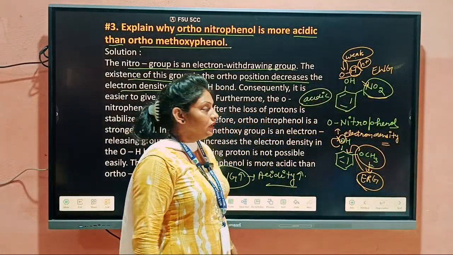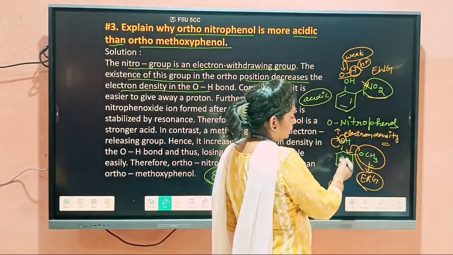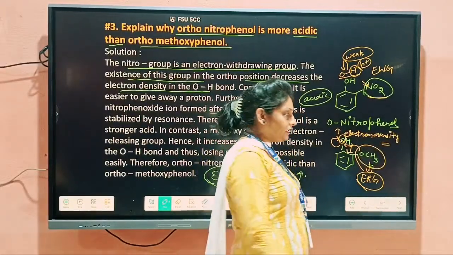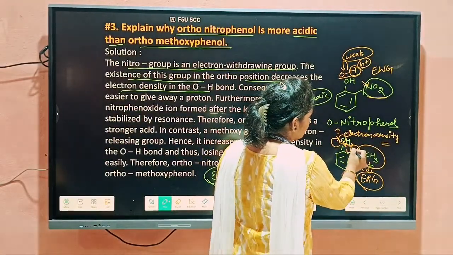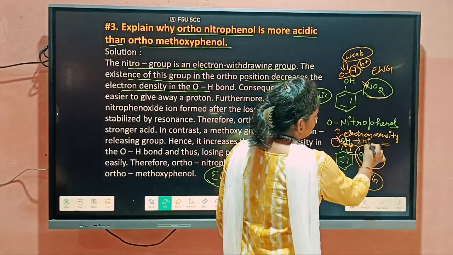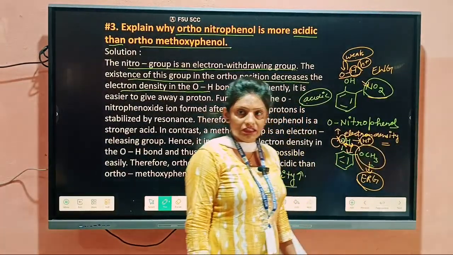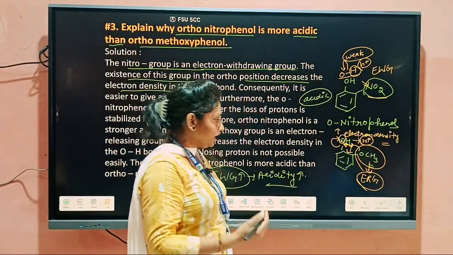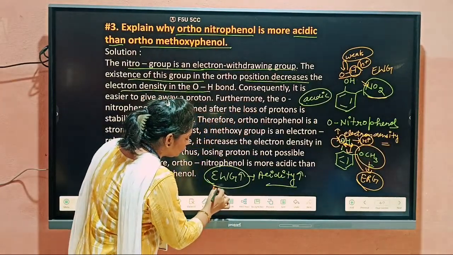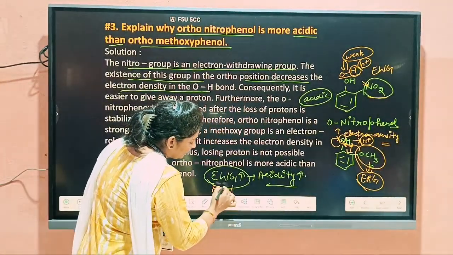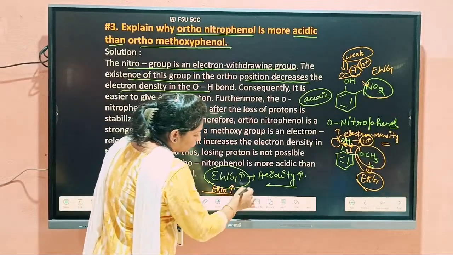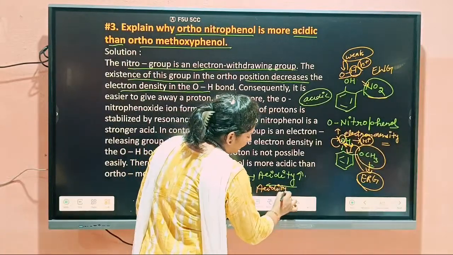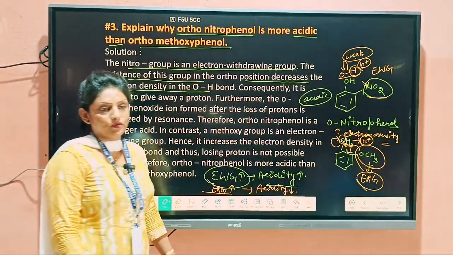Due to more electron density at oxygen, it will not release the H positive ions easily, so it is less acidic as compared to orthonitrophenol. If the number of electron releasing groups increases, then they decrease the acid behavior of any compound.